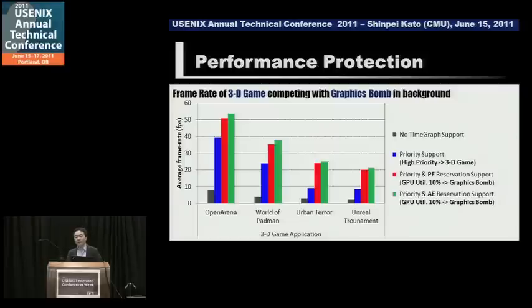And using a priori enforcement further for the graphics bomb, the previous case is just posterior enforcement, which blocks the execution of the graphics bomb after they submit to the GPU. If we block the execution of the graphics bomb before they send the GPU commands, then you can further protect the activity of the important application, in this case, 3D games.